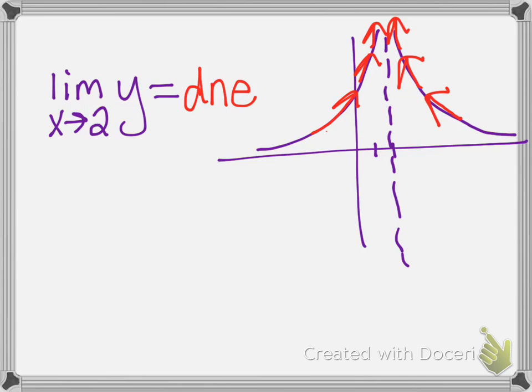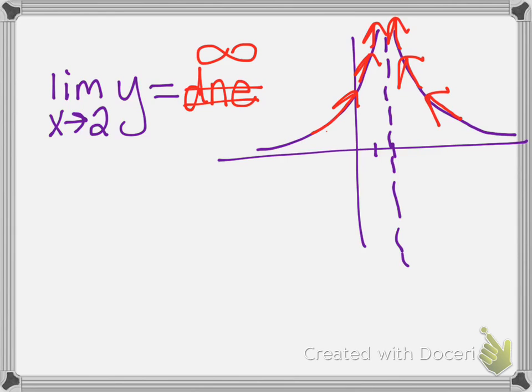Now, I can tell you that when you get into calculus, they're going to ask you to determine what kind of behavior is being demonstrated as you approach 2. And so we do want to make sure that even though we're saying does not exist, that we understand that both branches are headed up to positive infinity, because that does tell us the behavior of our graph. Okay, we do know both branches are headed up.